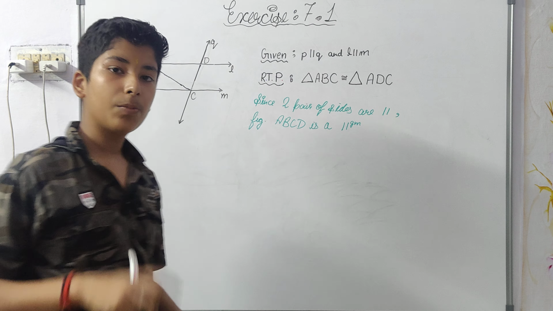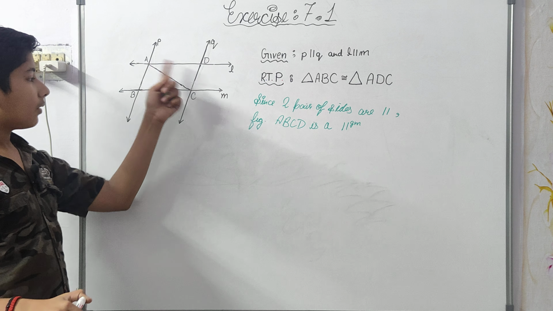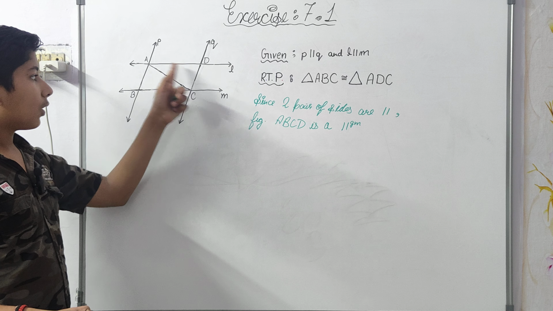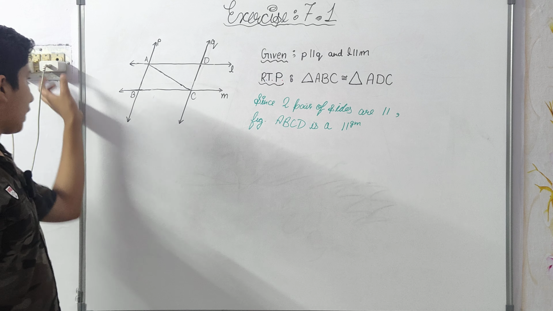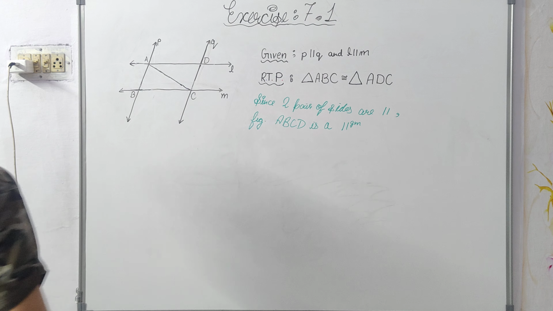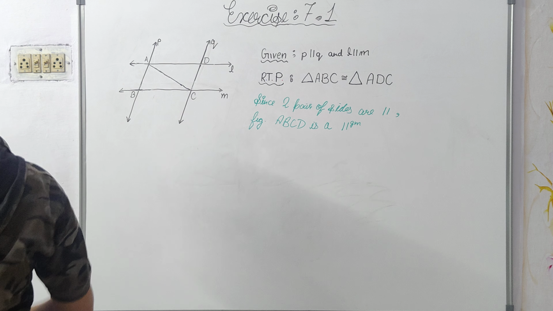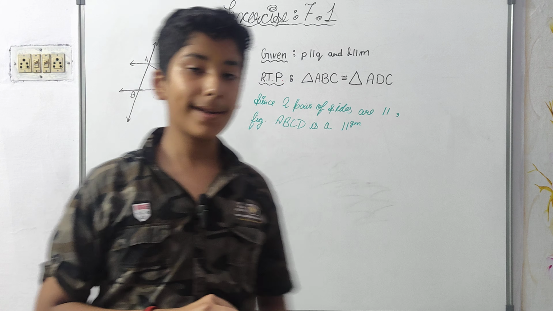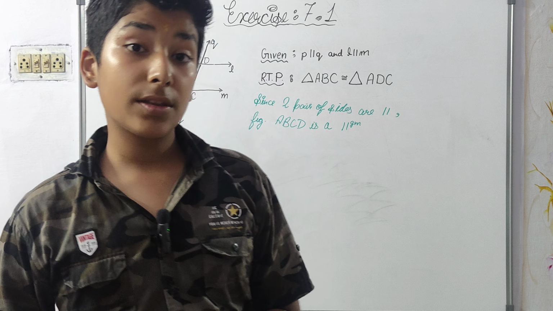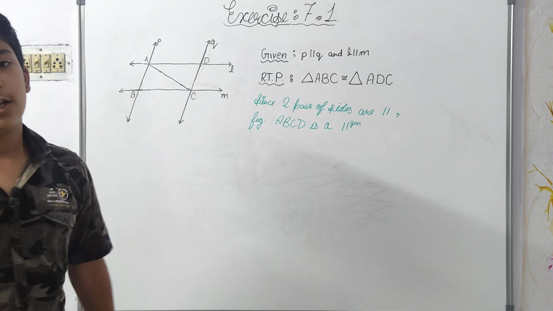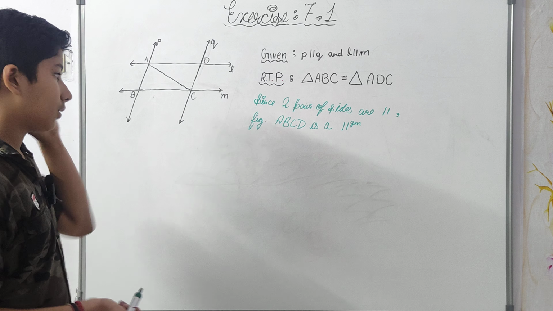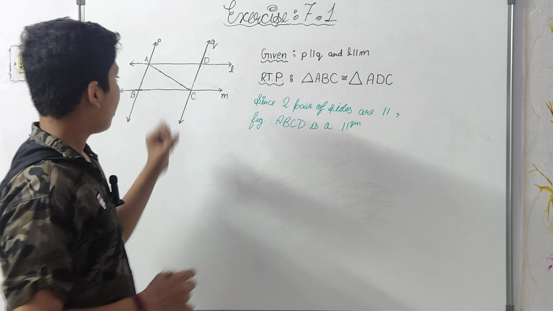This is the symbol for parallelogram. So this will be a parallelogram because these two lines and these two lines are parallel to each other. If two pairs of sides are parallel in any quadrilateral, that quadrilateral is known as a parallelogram. So let's start. This is a parallelogram.